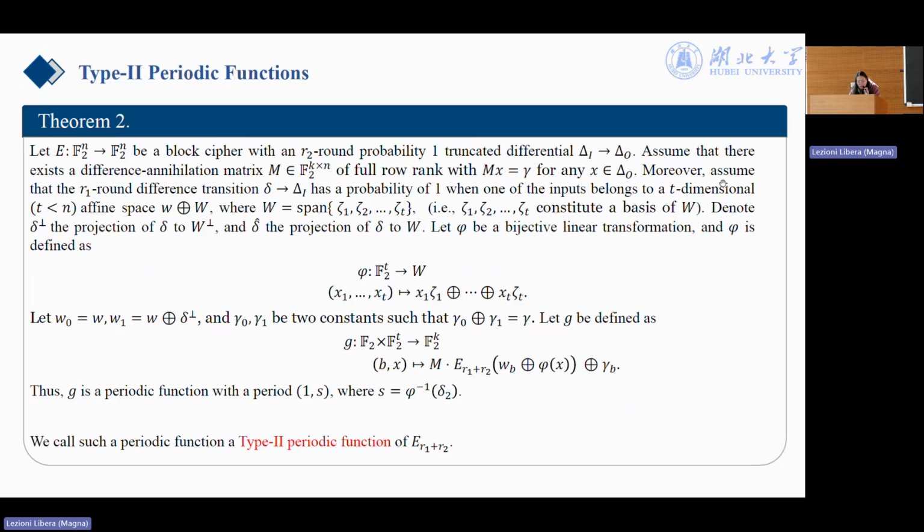Moreover, one of the inputs belongs to a affine space, and the R1-round differential transition from I to I2 has a probability of 1. Then we can construct a new practical function, just like these forms.